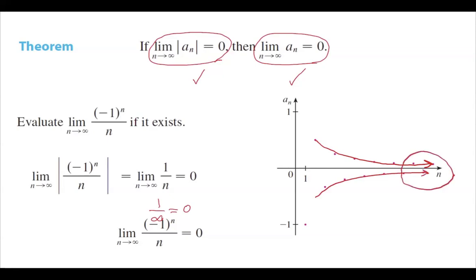They are going toward 0. So here you have a convergent sequence. It means that it has a unique numerical limit. As you can see, it is equal to 0.